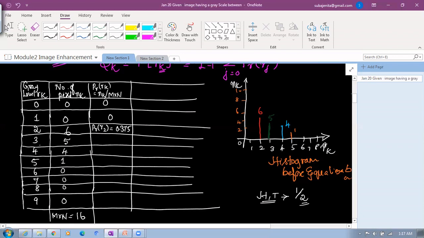The probability for intensity level 3 is 5 divided by 16, that is 0.3125. For gray level 4 it is 0.25. Then for 5 it is 1 divided by 16, hence we get 0.0625. For all the rest of the cases it is 0.